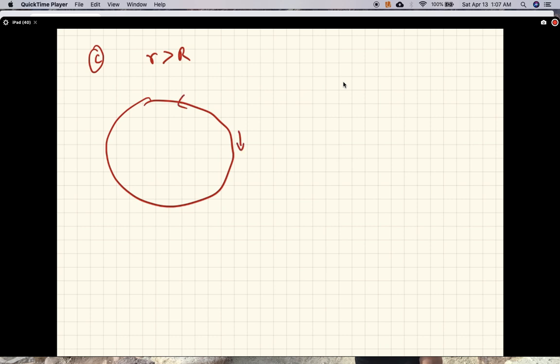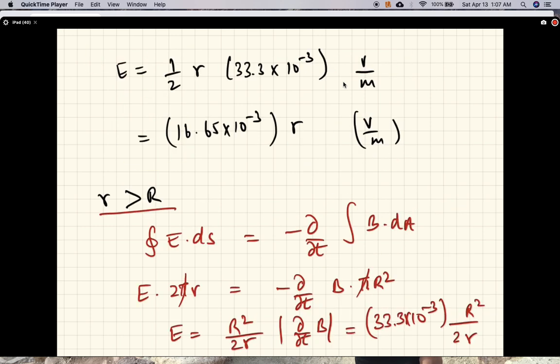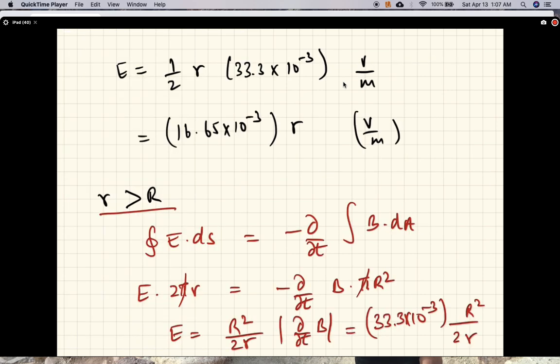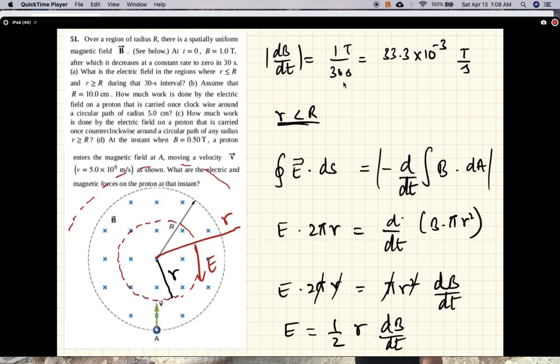The electric field is in this direction, and the electric field for r greater than R, as we saw, falls off as 1 over r.